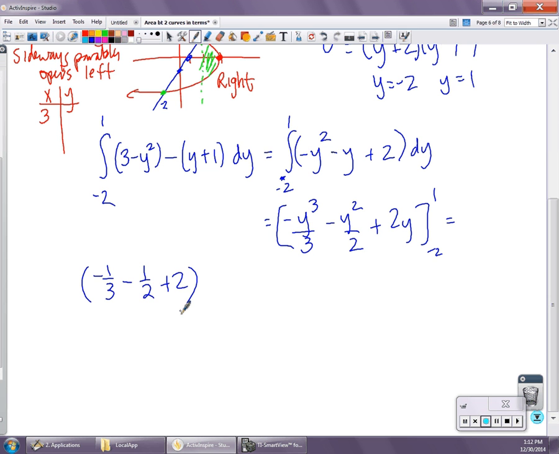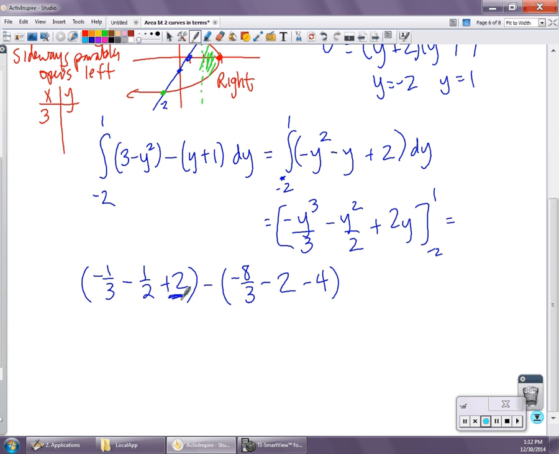That's substituting 1 into my antiderivative. And then substituting in negative 2, I'll get negative 8/3 minus 2 minus 4. All right, let's combine some like terms.